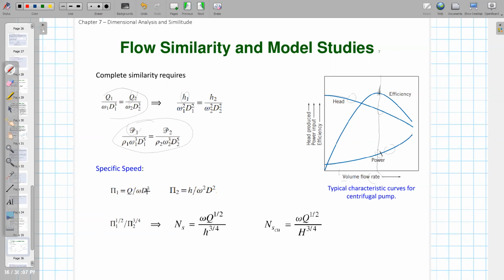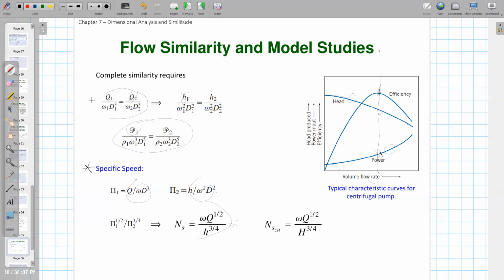Because this is a dimensionless parameter and this is a dimensional parameter, if we use the square root of this one divided by this one to the power 3/4, you can define a new parameter called the specific speed. In the pump manual, usually they will give you this specific speed as a parameter, showing how well the efficiency will be.